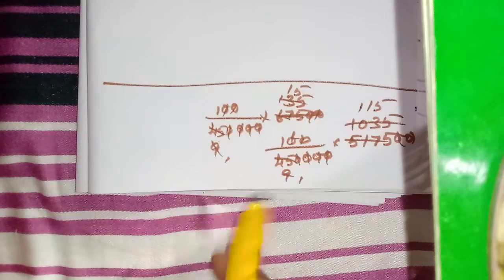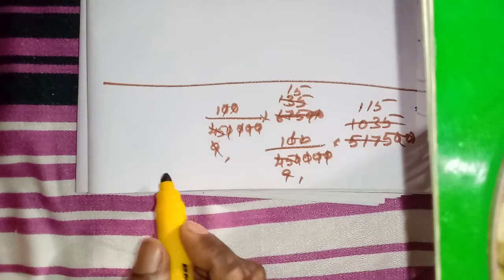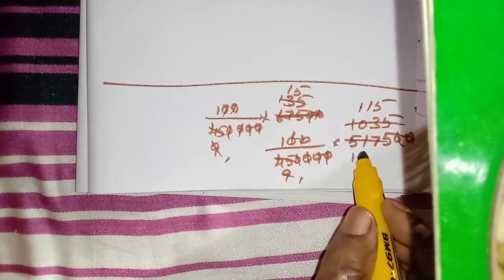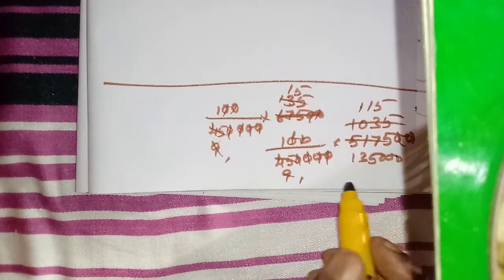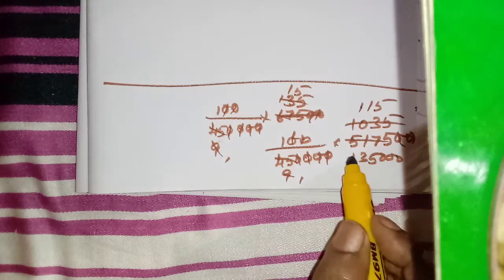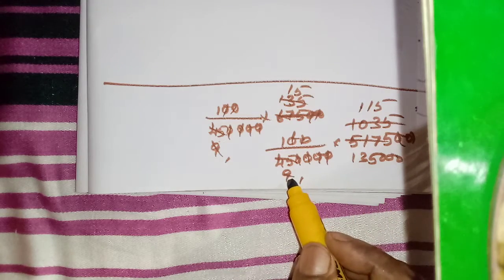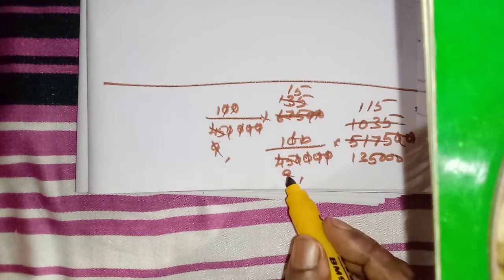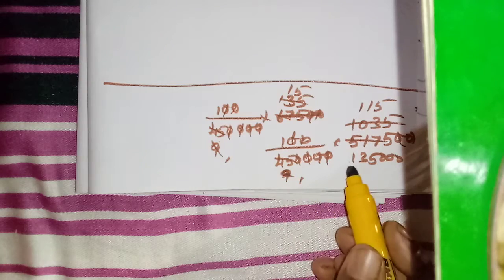Now 1,35,000. So here 1,35,000 thousand. Here the 9, isn't it? 45.